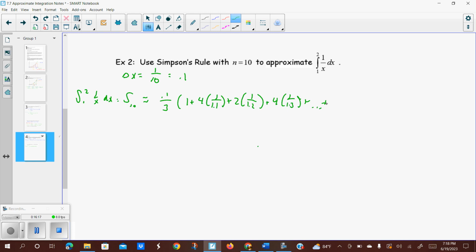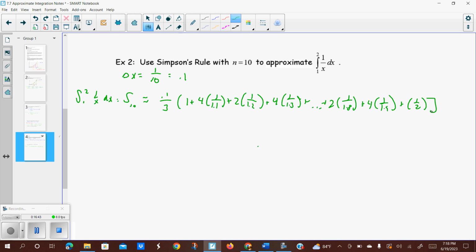I'm going to move up to the last 3 like I did before. This will be 2 times 1 over 1.8, and then 4 times 1 over 1.9, and that should be the one right before the end. If you had plugged in all the ones between 1.3 and 1.8, the pattern still holds. It'll be 4, 2, 4, 2 all the way up. And then the last one is just 1 over 2.